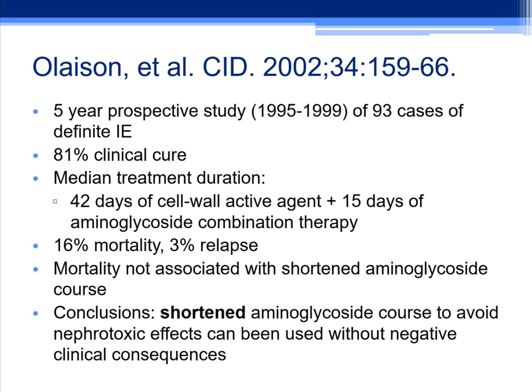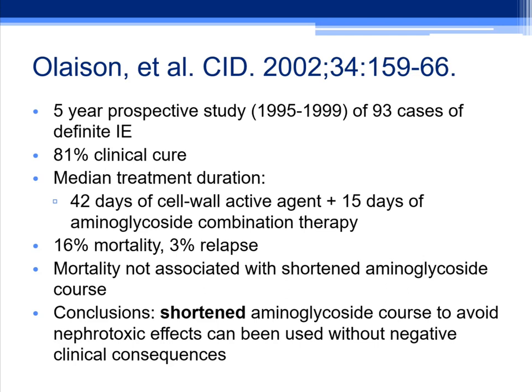So looking at some of the studies from the early 2000s, you can see that a lot of these came out looking at a dual therapy. The median duration of therapy in this case was 42 days of the cell wall active agent and 2 weeks of the aminoglycoside. It only had a 16% mortality with a 3% chance of relapse, and that mortality was not associated with a shortened aminoglycoside course.